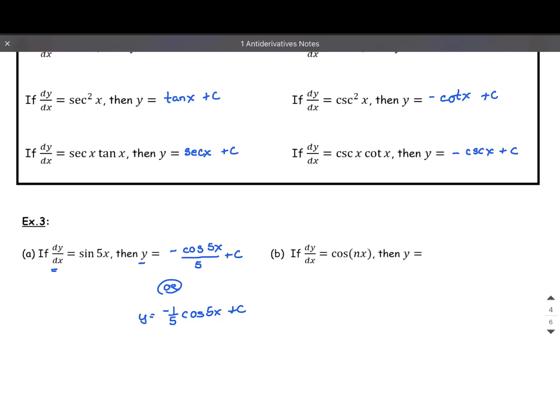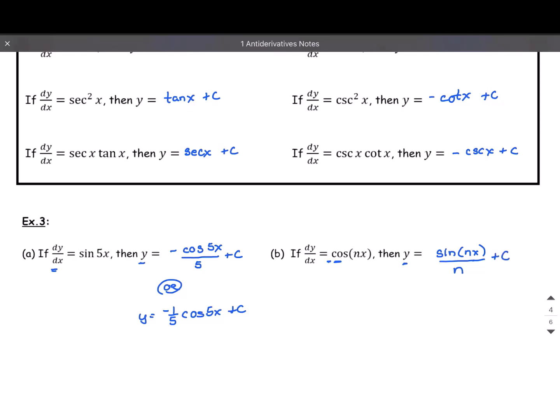What has a derivative dy/dx? That's y. What has a derivative cosine x? That is sine, and we keep the angle. But what's the derivative of the angle nx? It's n, so we're going to divide by n because we didn't have that over here. So we must have divided it out, plus a constant c.